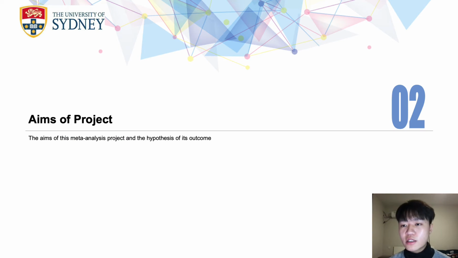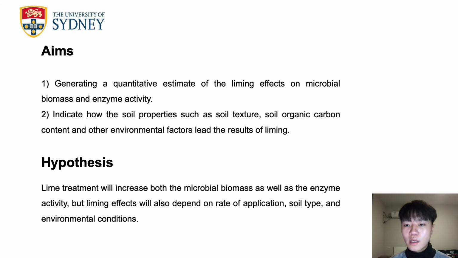After the introduction, the second section is my project aims and the hypothesis of the outcome. Firstly, through the meta-analysis research, I'm going to generate a quantitative estimate of liming effects on microbial biomass and enzyme activity.